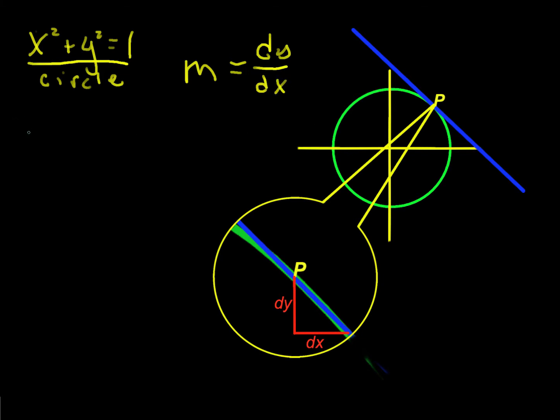So say we're at the point, and it looks like it's about there, at the point (√2/2, √2/2). This is our point P, and we want to know the equation of the tangent line. We've got our point, we need to calculate our slope.